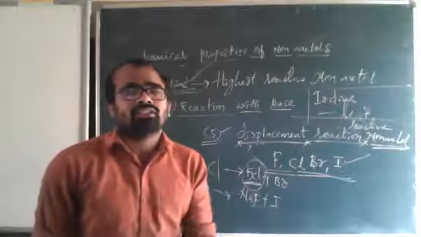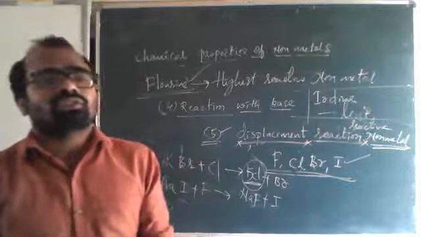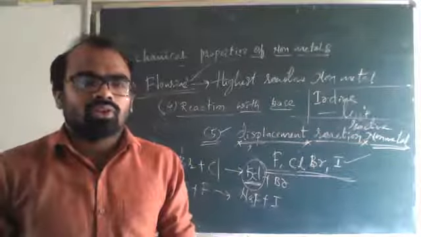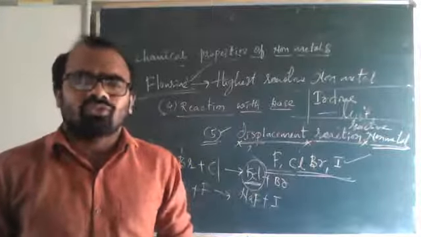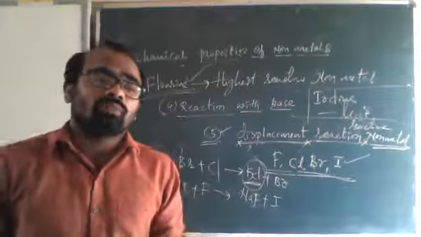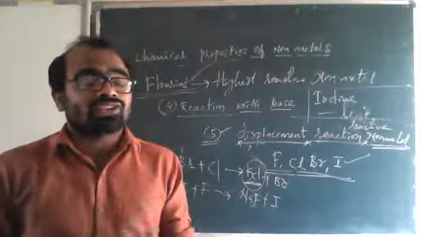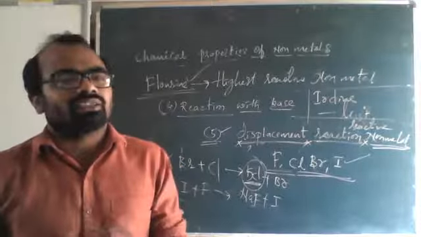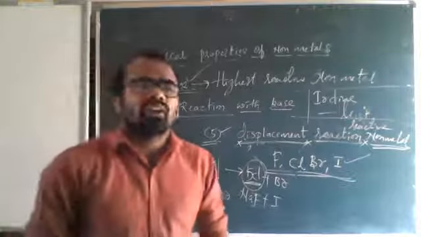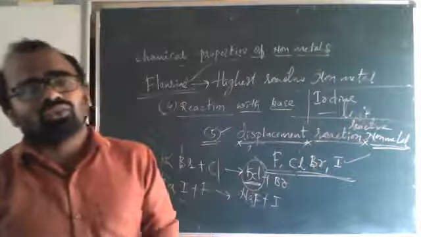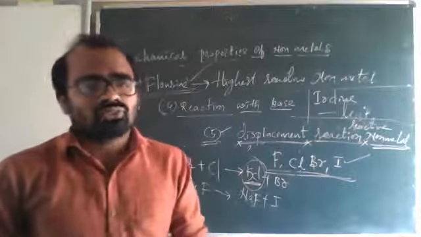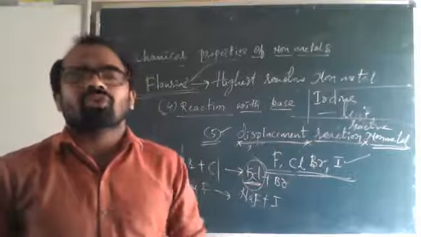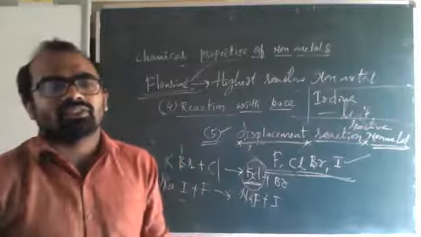When they react with acids, they produce hydrogen gas, and non-metallic oxides are also formed there. When it comes to bases, the reaction with bases is possible, but it is very complex, so that is not there in your syllabus. So you have to write that usually non-metals react with bases, but the reactions are very complex. That's enough if it is asked.